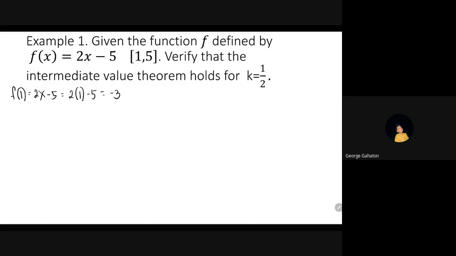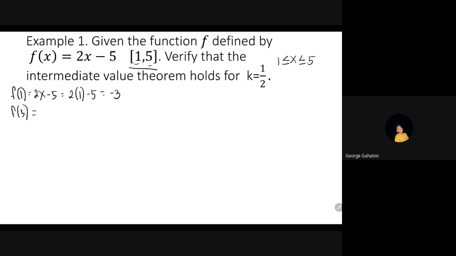Solving for f of 5, again, I was able to substitute here from the closed interval because our x will be greater than or equal to 1 but less than or equal to 5. That's the closed interval [1, 5]. So substituting it in the given function 2x minus 5, when x is 1, then our f of x is equal to negative 3.